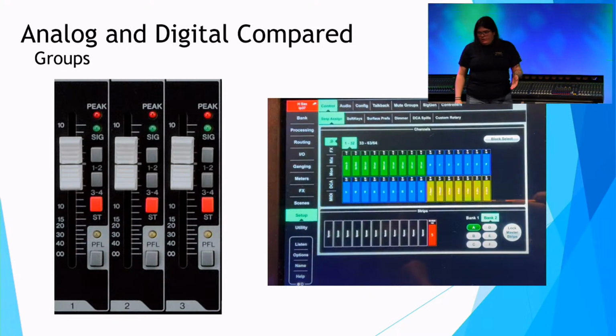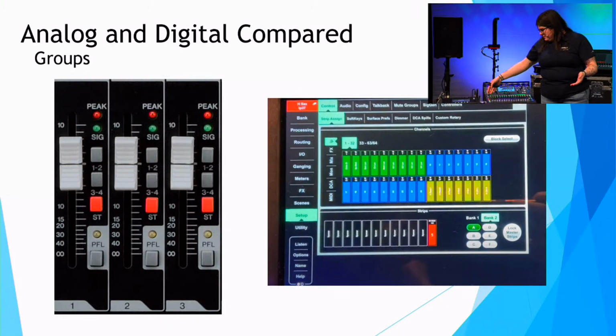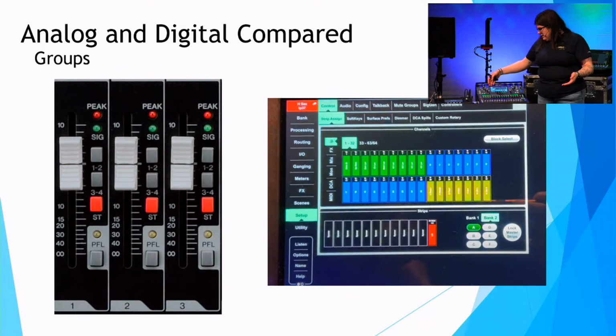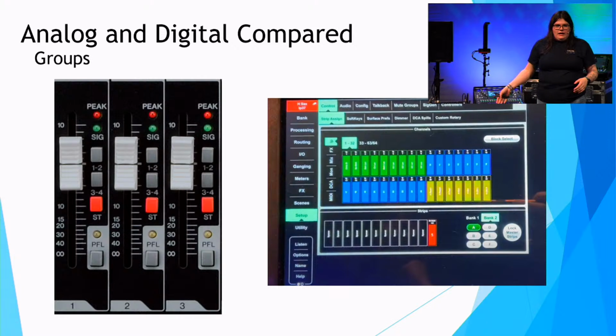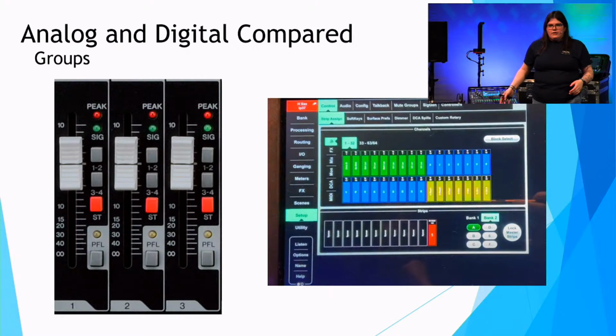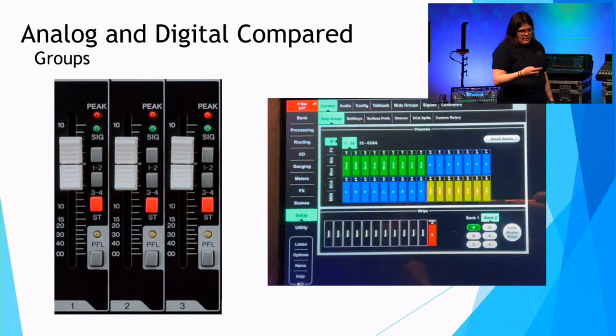Whereas on a digital console, say you want your first bit to be your drum kit, your musicians, whatever, but then you have like this giant choir, and you don't have enough faders to have your 6 choir mics or whatnot. So you assign that all to a group, and then you can just set that to your last fader on that page, and that way you have quick control over that.